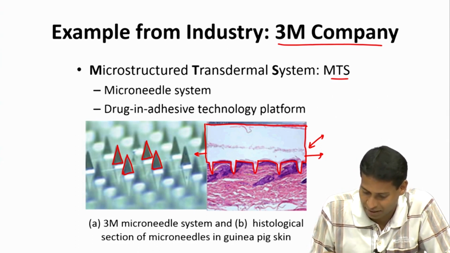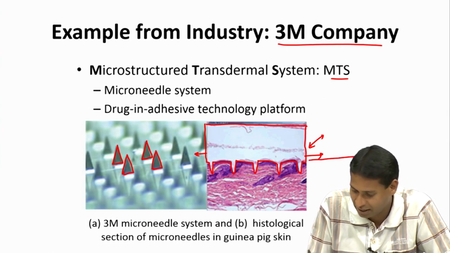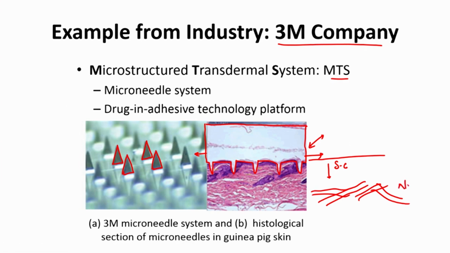So if I say that this is the skin, this is the starting of the skin, here is your stratum corneum, and then as you go further down you have these nerves running through your skin, nerves and blood vessels. Nerves and blood vessels always go hand in hand.